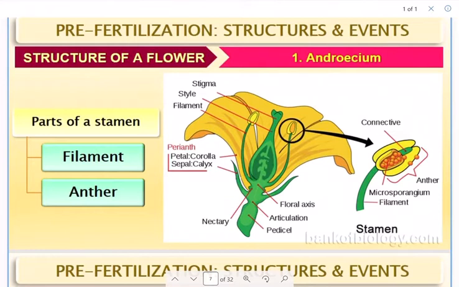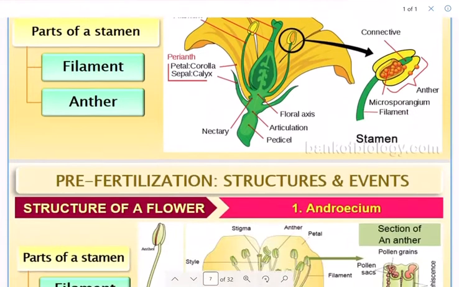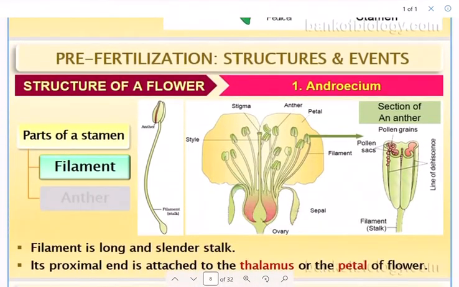And further, as we said, the stamen has 2 parts, the anther, the bulged portion, and the filament. Inside the anther there is microsporangium. Filament is a stalk that bears the anther.